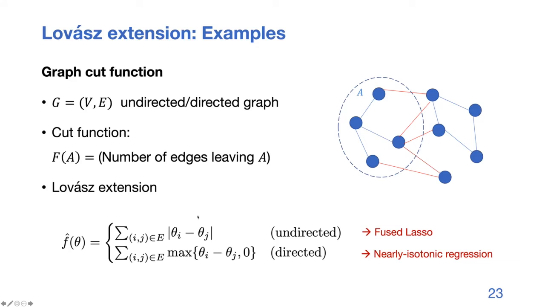We can see that if G is an undirected graph, then the Lovász extension of the cut function will be the penalty function of the fused lasso. And if G is a directed graph, then the Lovász extension will be the penalty function of nearly isotonic regression.